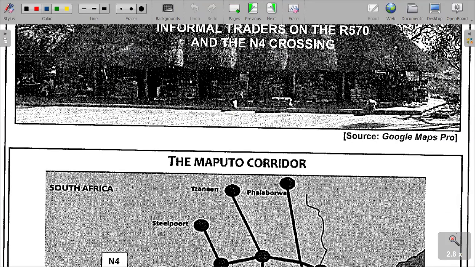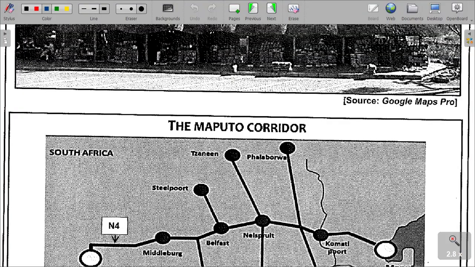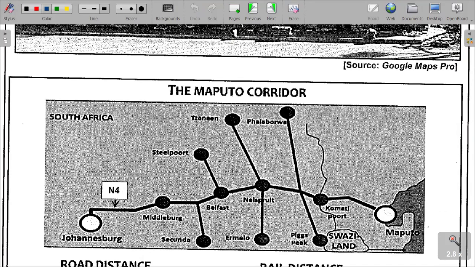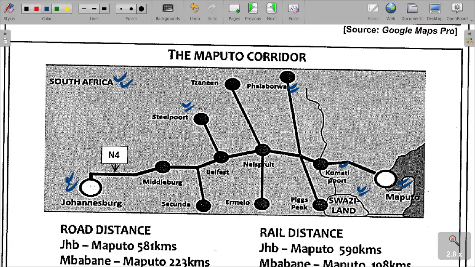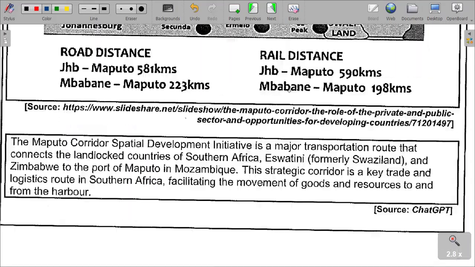We are given the Maputo Corridor, Tonga, Stewport, Phalaborwa, Nelspruit, and Swaziland. We are given South Africa, Johannesburg, Maputo, and the distances. What is the question saying?